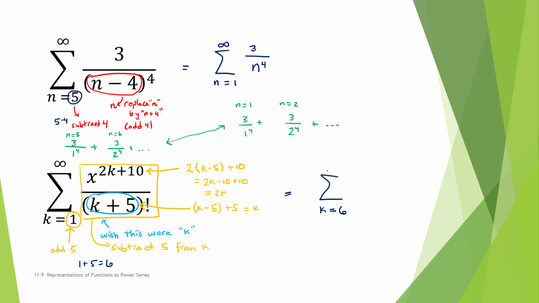So k equals 6 to infinity. In the numerator, I have x to the power that I figured out here, 2k. In the denominator, instead of k plus 5 factorial, we have k factorial.